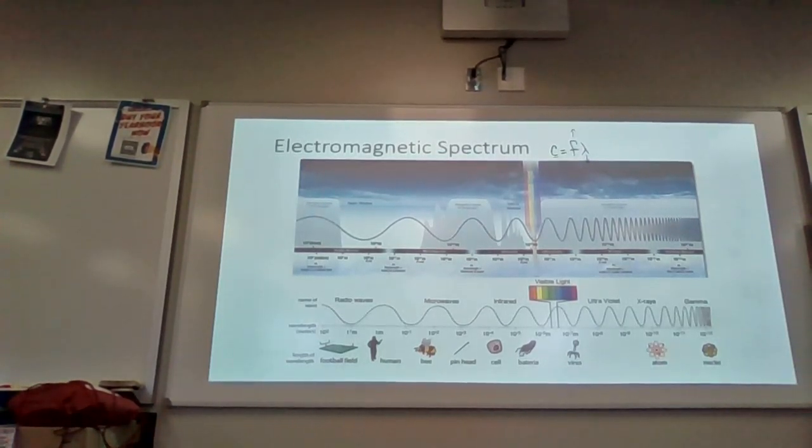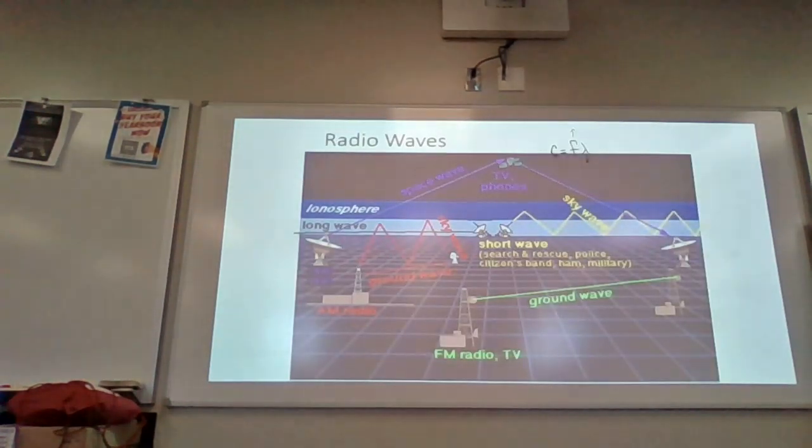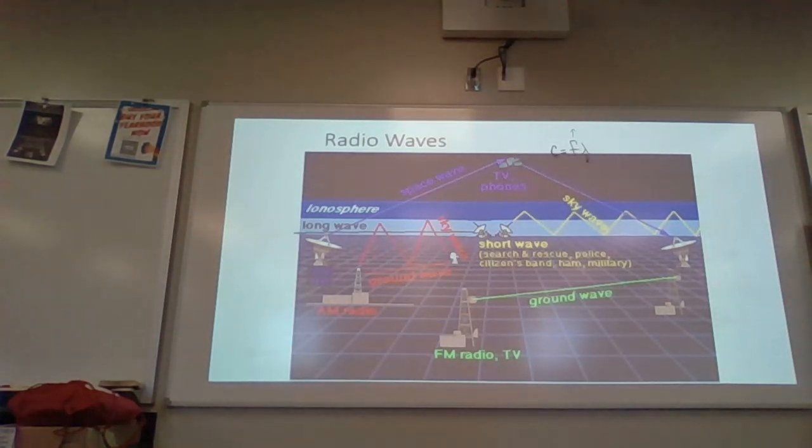Okay. So we're going to take a tour of the electromagnetic spectrum. First off, radio waves. Obviously you've got your radio frequency, like your radio stations, your AM, FM. The stations that you turn to, like 98.8 or whatever, are in megahertz. It talks about the frequency that you're broadcasting.